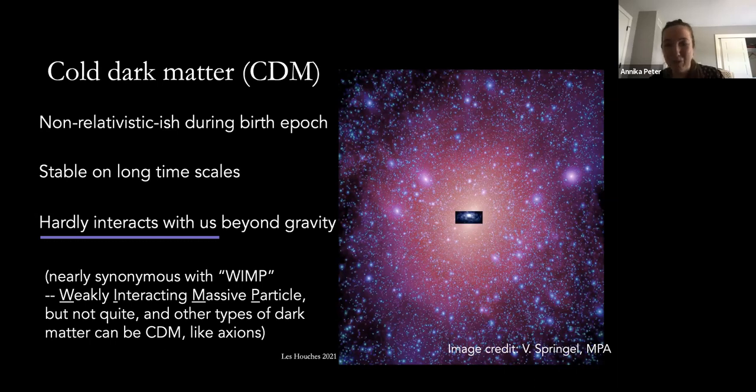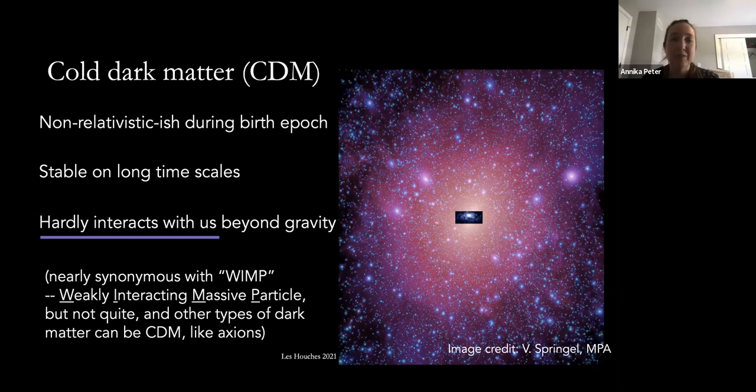WIMPs do interact a little bit, as it turns out, not enough for it to matter in any sort of N-body simulation. But there are other types of cold dark matter, like QCD axions. So CDM is not a one-to-one and onto relation with the word WIMP, but sometimes you'll see them used interchangeably, even though they really shouldn't be.